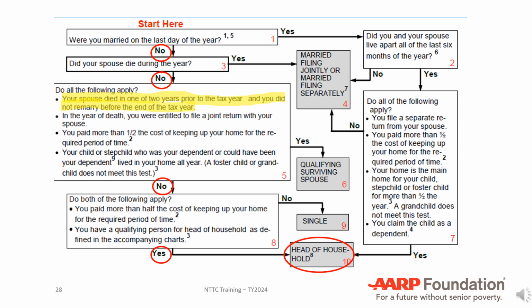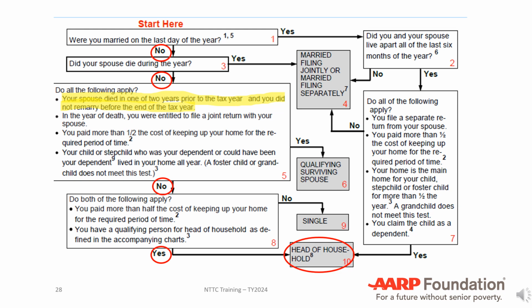And the second bullet is you have a qualifying person for head of household as defined in the accompanying charts. Notice the superscripts 2 and 3. You would normally look at the footnotes for those to make sure that there isn't something else that comes into play here.